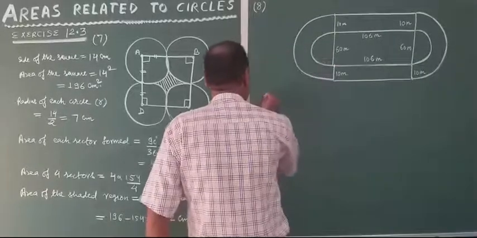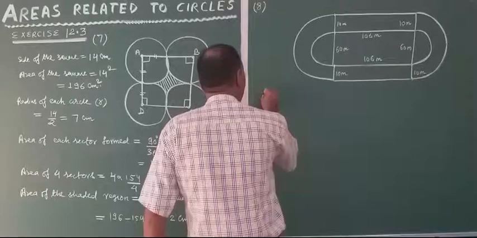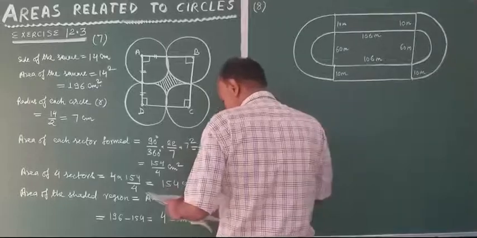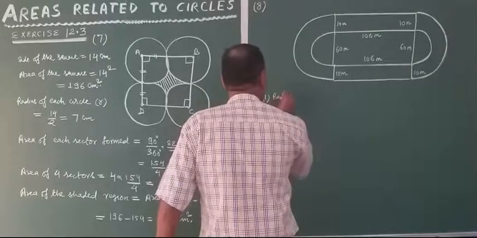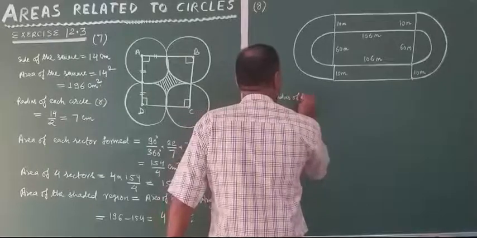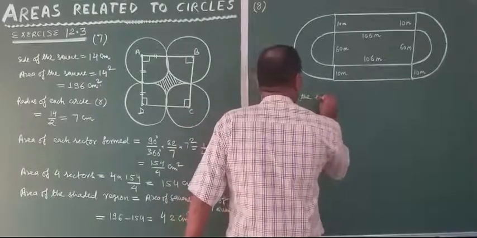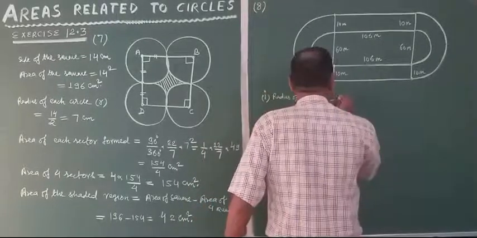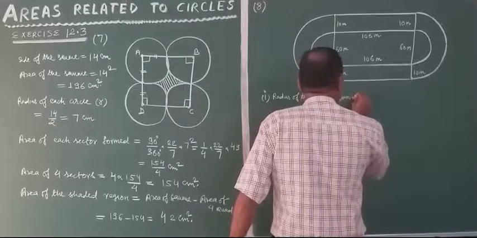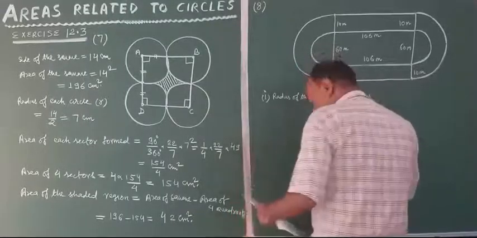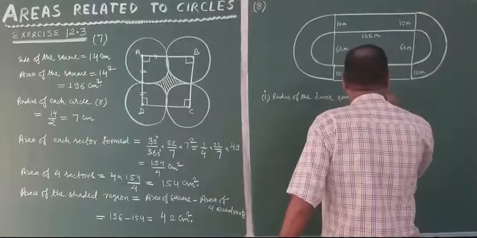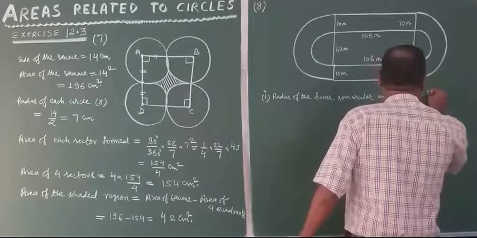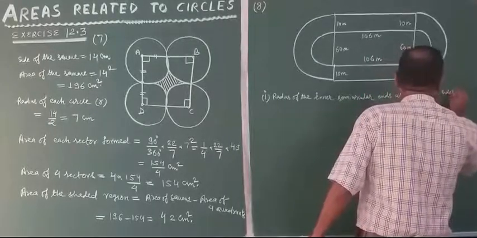The first one. Radius of the inner semicircular ends at both the sides.